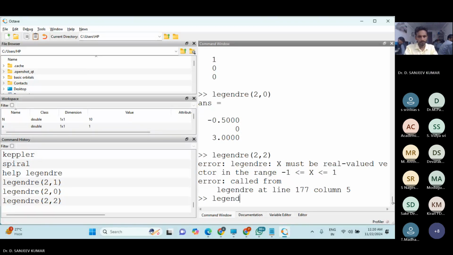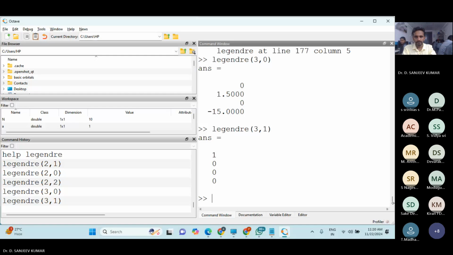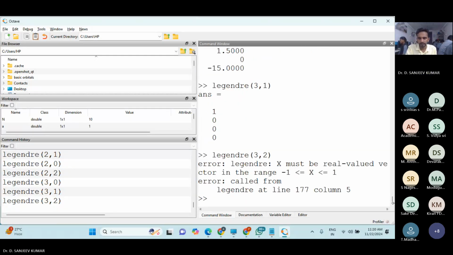So legendre 3, 0 will get some output. So in third orbit, you will have 4 orbitals. Is it? 0, 1, 2, 3 orbitals. Three 0, 3 1, 3 2. Oh. So this should be less than 1. Okay.